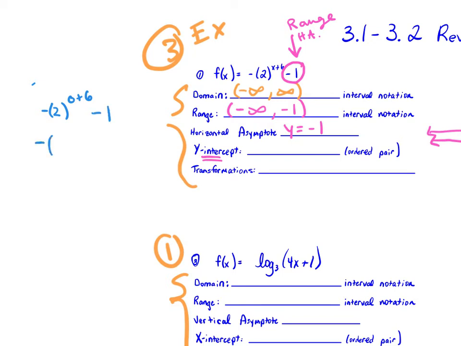So this is -2 to the power of 6. 2 to the power of 6 is what? 64. 64, so this is a -64 minus 1, so -65. So our y-intercept, we plugged in 0 for x, so it's -65. 0, -65.